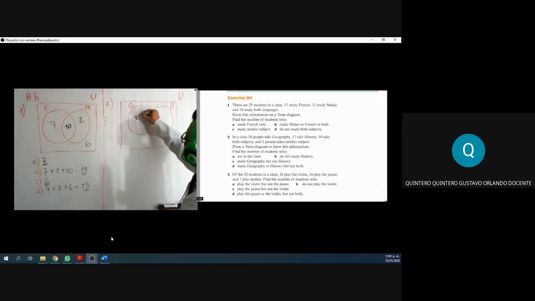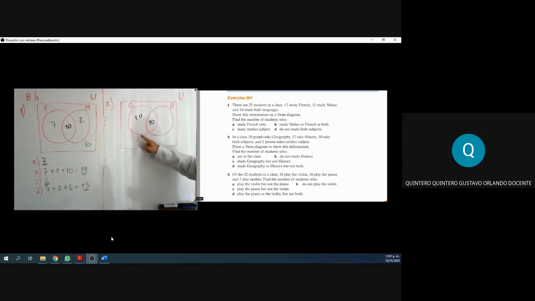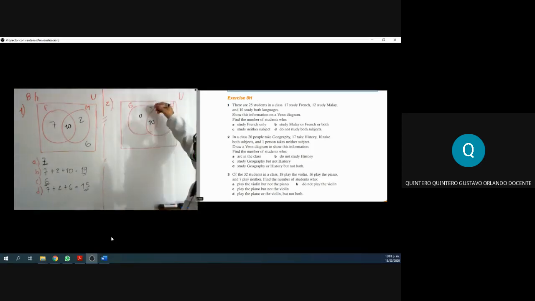So if I write 20 here, that will be a mistake because now inside geography, which is the entire circle, geography is not just the sector, it's the entire circle, I have 30 people. That is a mistake. I need the amount of people inside the circle of geography to be just 20, which means people who study geography alone are 10.